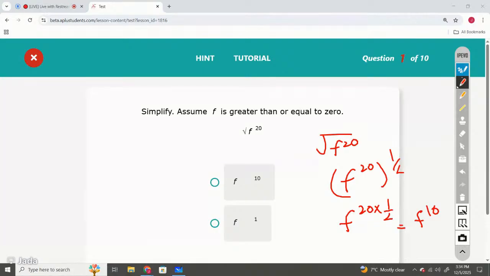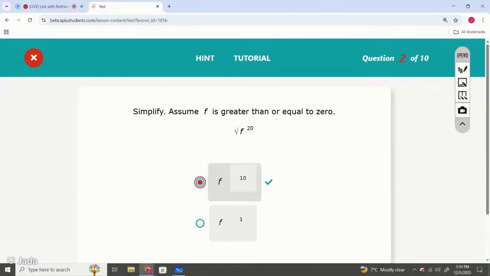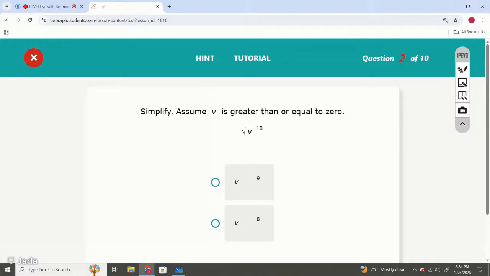Option number 1 is the correct option. That is f exponent 10. Square root v exponent 18.